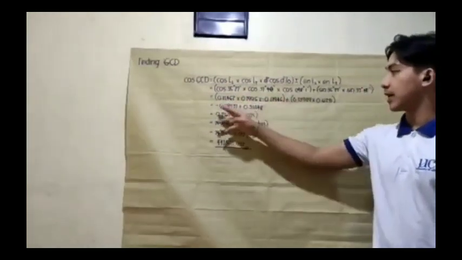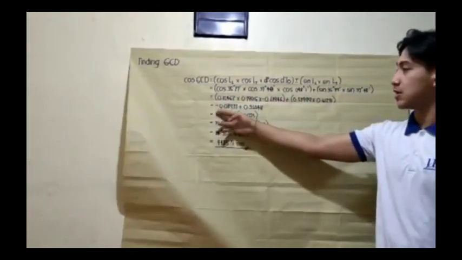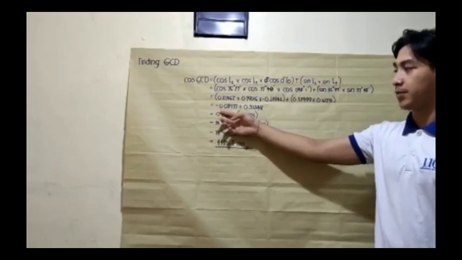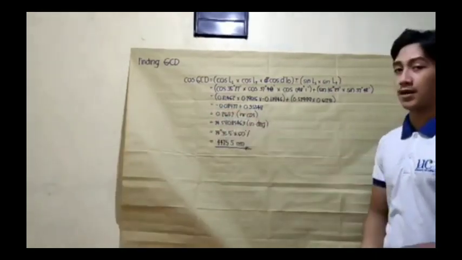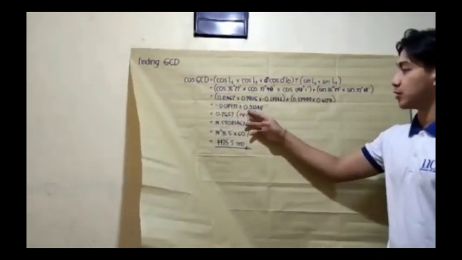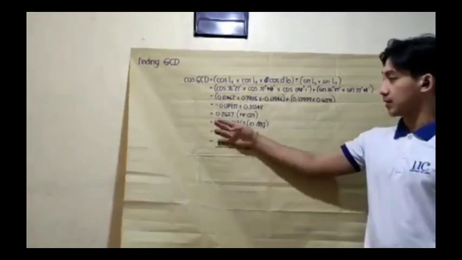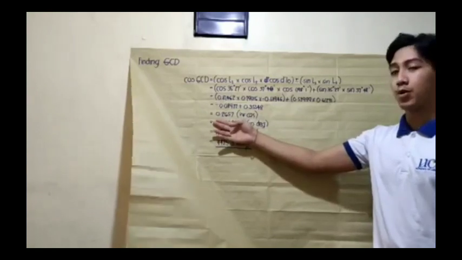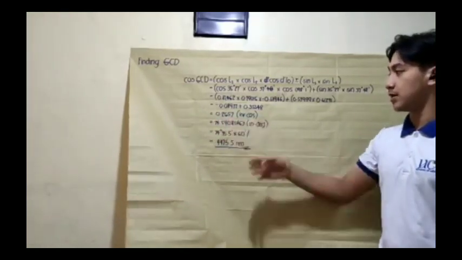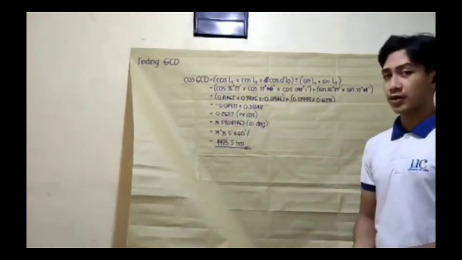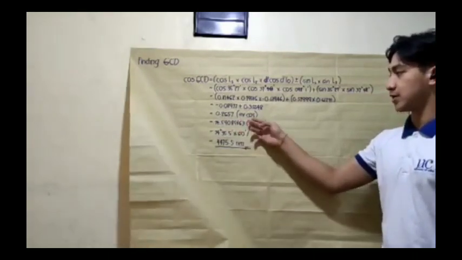So we get for the first parenthesis negative 0.08977 plus 0.35548. Then we add both and we get this value, which is 0.2657. Then on our calculator, we will just inverse cosine it.